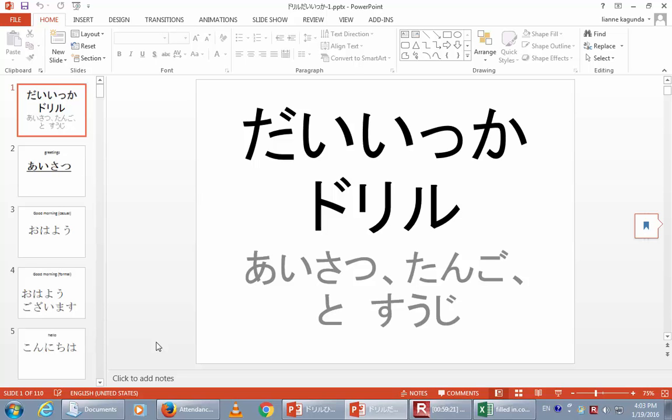Then 20, nijuu. 12 was ju-ni, so 20 would be ni-ju. Think about it like 2 tens. 2 tens, or 10 plus 2. Got it. Right, and then of course, 22 would be ni-ju-ni. Isn't that cool how that works?